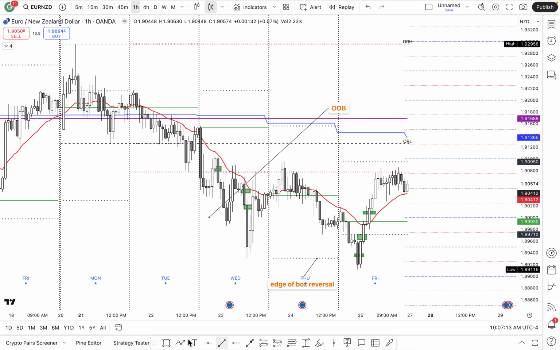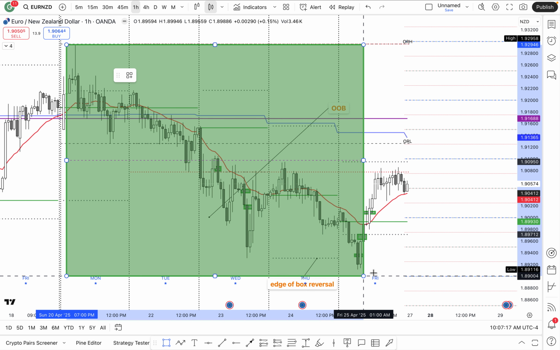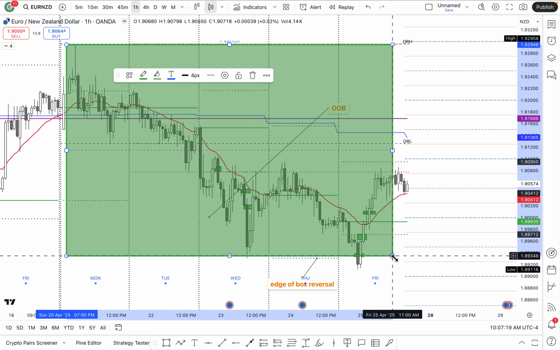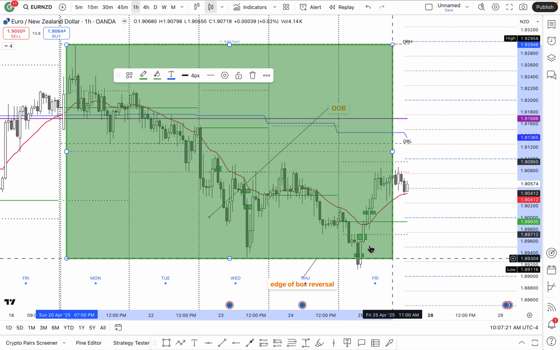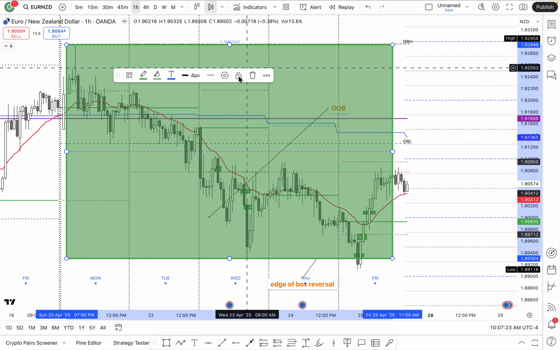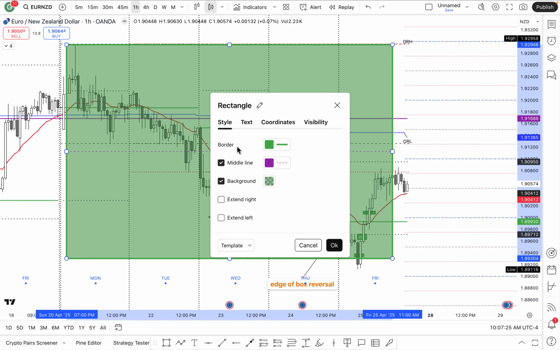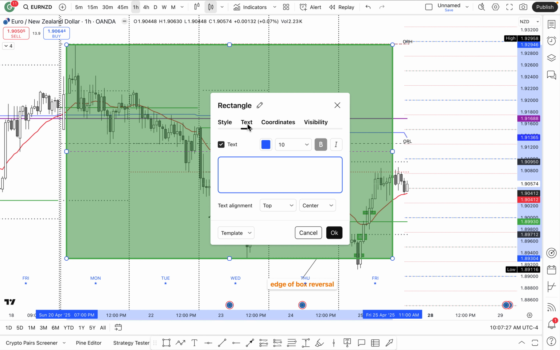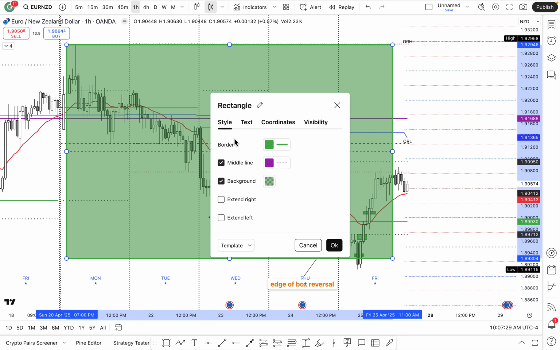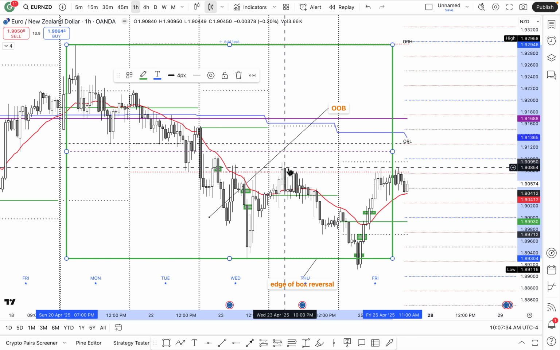So we have a box up here, a box from high to what? The low of Wednesday. Wednesday becomes our low of the week.